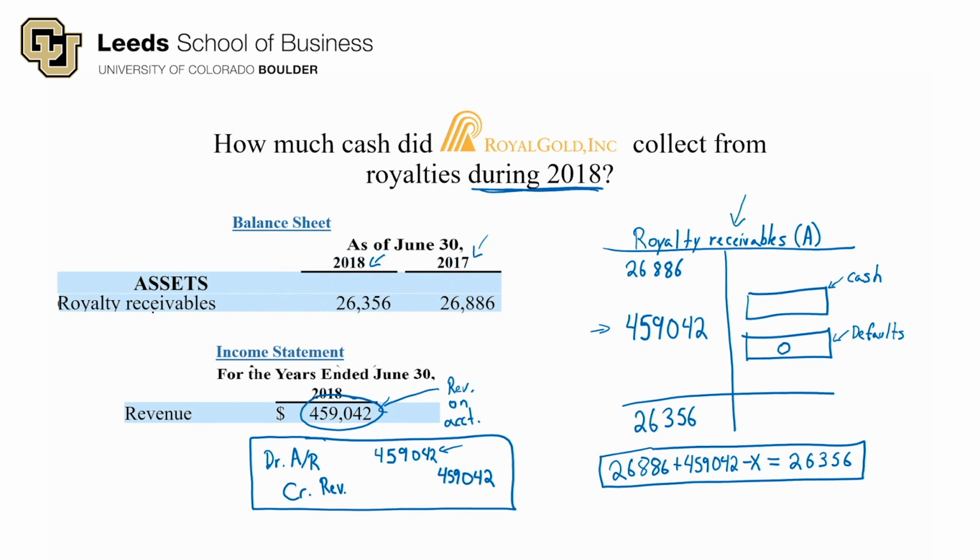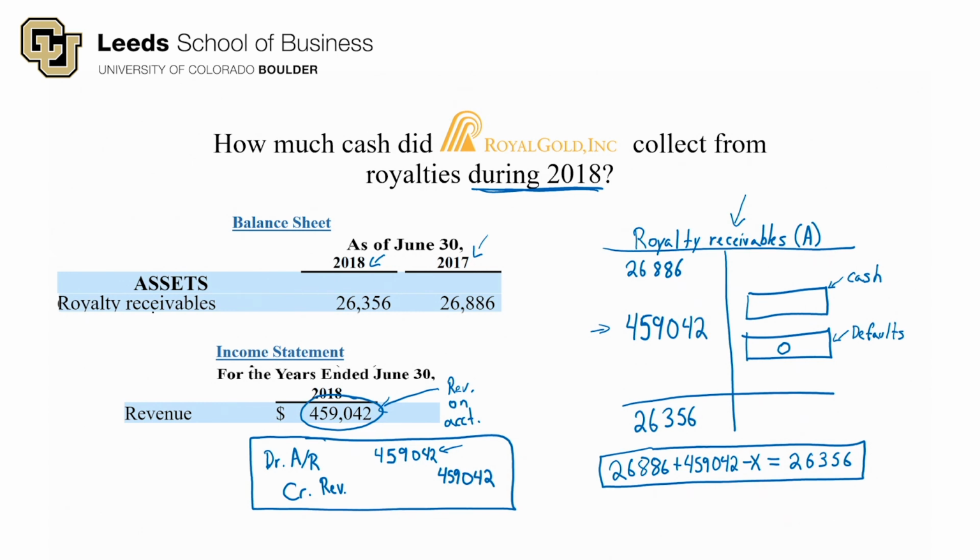You take the beginning balance, you add entries that are on the same side of the T account. So the beginning balance is a debit, we're going to add the debit. We'll subtract whatever is on the credit side, which is x, and 0, but I'm not including the 0 in the equation. And then put an equal sign to get to the ending balance, which is a debit of 26,356.